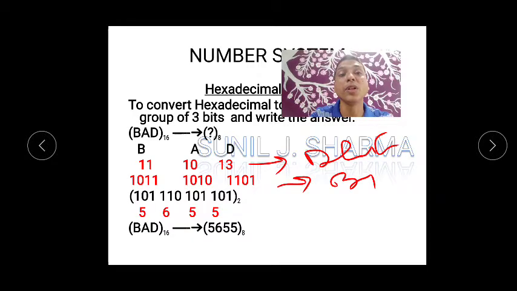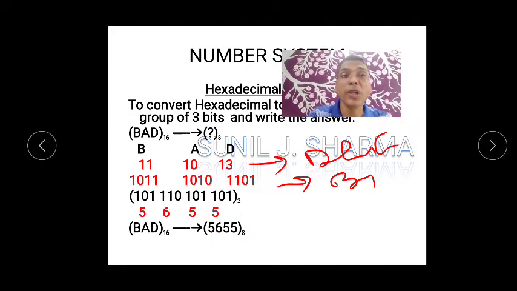This is nothing but 5, this is 5. Since we want to change it to octal, you have to make a group of 3. So from here we have taken 3 bits, from here 3, from here 3, from here 3 bits. So this is 5 6 5 5, and this will be your answer.